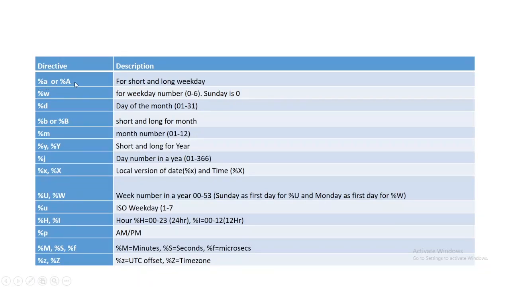If you wanted to show the full Wednesday, you use the capital A. Day of the month, you use %d, which is from 01 to 31. %b for month, like Jan, and %B is going to show you the full January. Of course, if you want the month number from 1 to 12, you can use %m. Year, long year and short year. Then you can check them out.